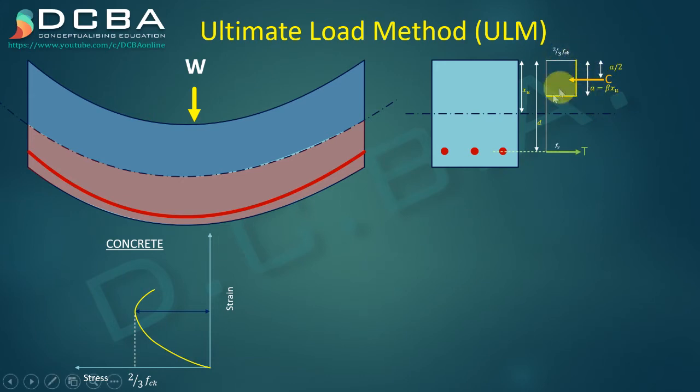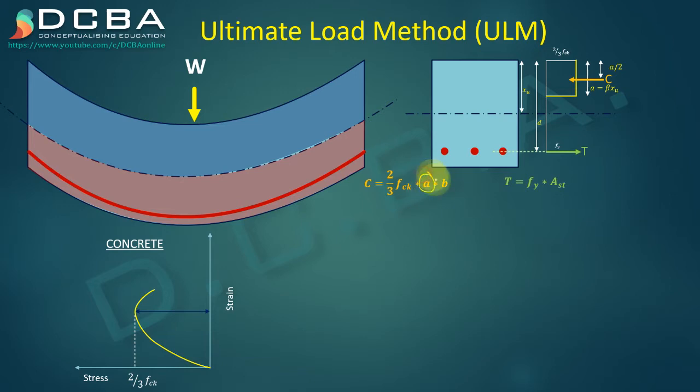So we take this as a stress block diagram. Again, for finding compressive force, it has now become very easy. It is this area multiplied by the width. So C is 2 by 3 FCK into A into B, and T is Fy into AST.